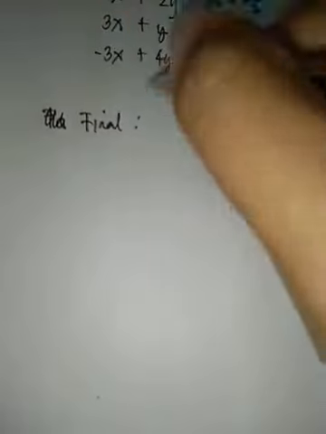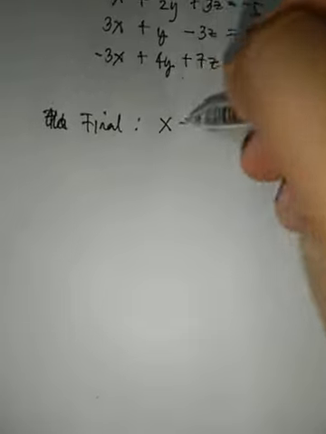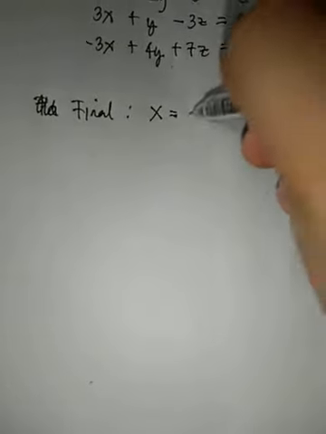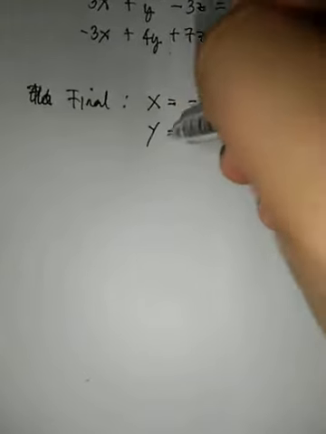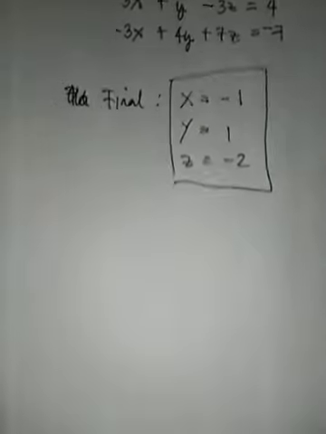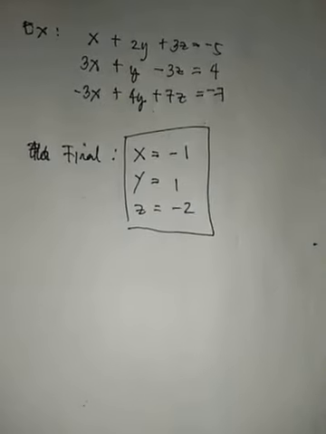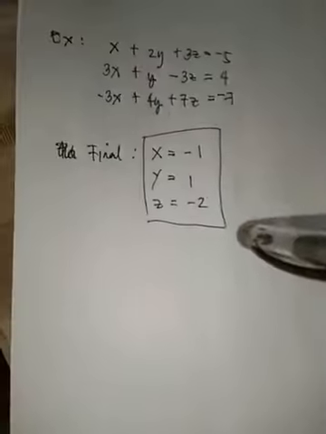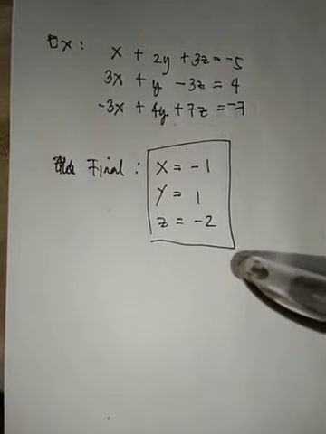The final answer: I'm expecting you to get the value of x, which is negative 1. The y is 1. The z is negative 2. That is what I want to see. So that should be your target or goal.